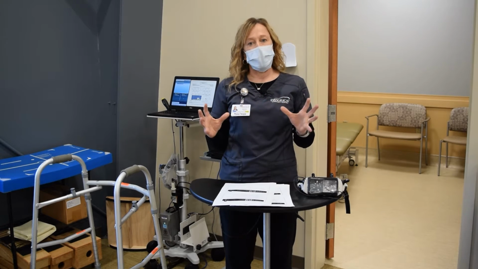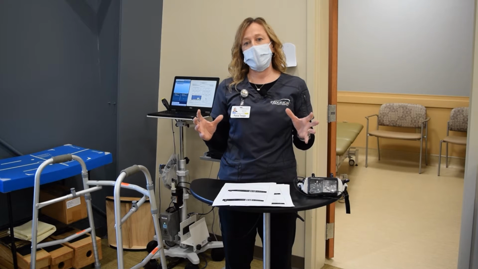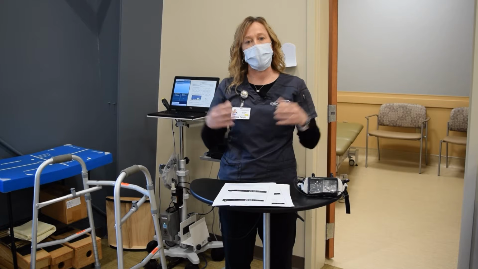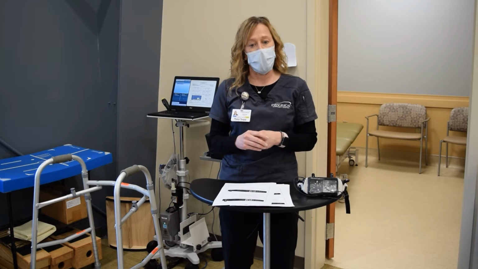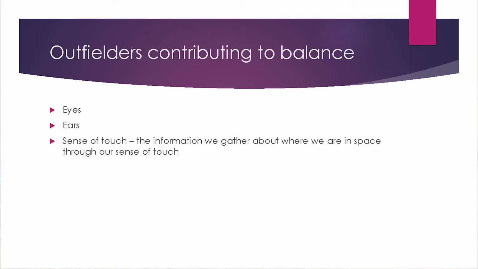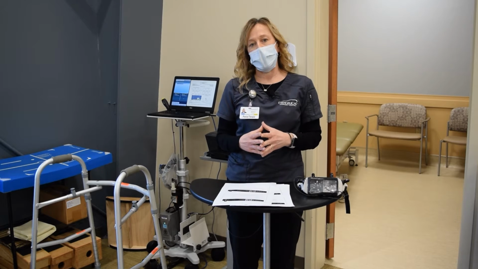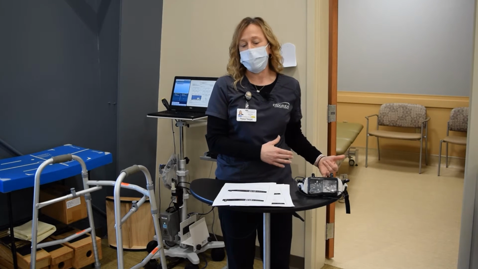The three outfielders is where the balance begins, or where the information about our balance is coming into our system. Those three players are our eyes, our inner ears, and our sense of touch, the information that we gather through our feet. So the first thing I'm going to talk about is our sense of touch.